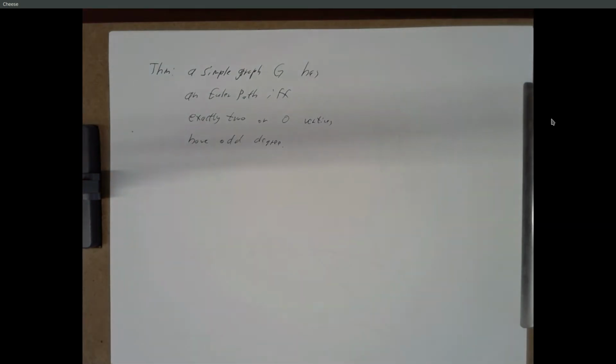So if the number of vertices with an odd degree is either 2 or 0, you're guaranteed there's an Euler path. So in this case, we got 1, 2, 3, 4 vertices with odd degree. That tells you there's no path.